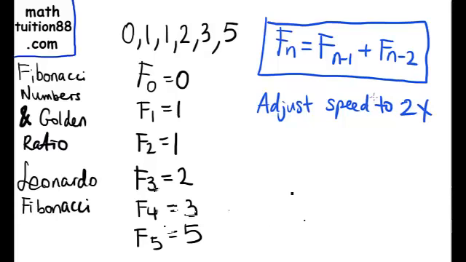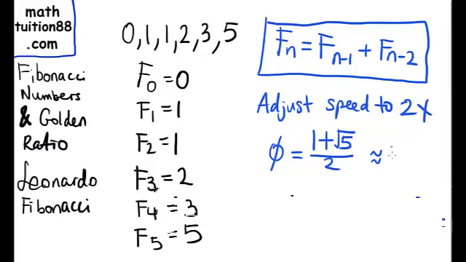So how is this Fibonacci related to the golden ratio? They are actually related to the golden ratio, which we will write as this Greek symbol phi, which is actually 1 plus root 5 over 2, which is approximately 1.61. So this is a very mysterious number.